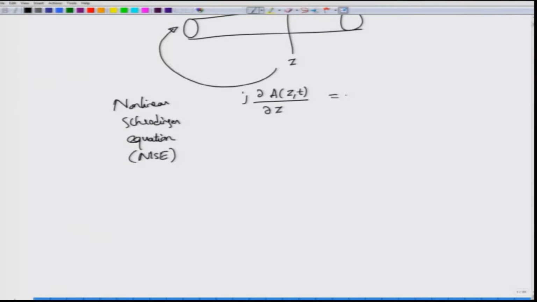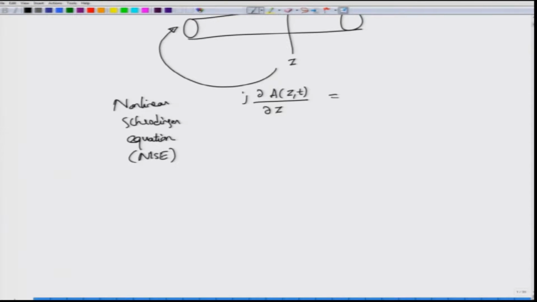Okay. So, we are going to consider this NLSE and see how SPM, XPM and FWM all fall out from this particular equation. This equation is the governing equation for the envelope function, okay. Governing equation for the envelope function means that the envelope is changing both along the fiber as well as in time.